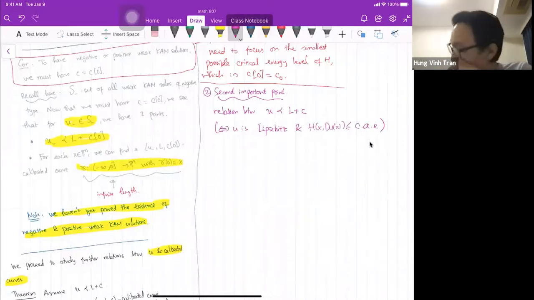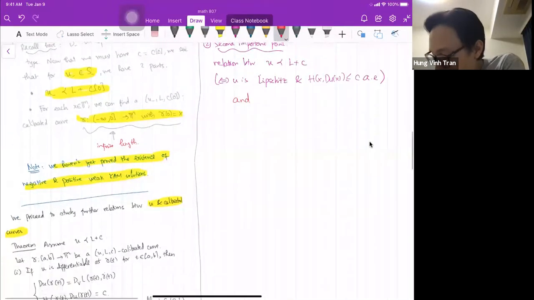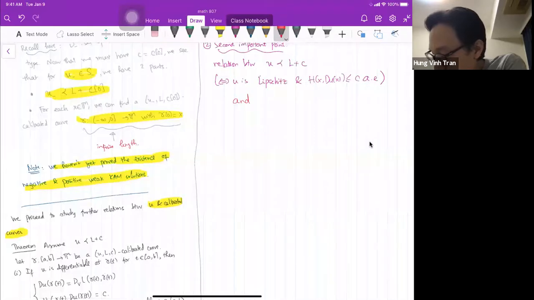Okay, so we're going to discuss the relation between this one and gamma, a mapping from a, b to Tn, which is a calibrated curve.